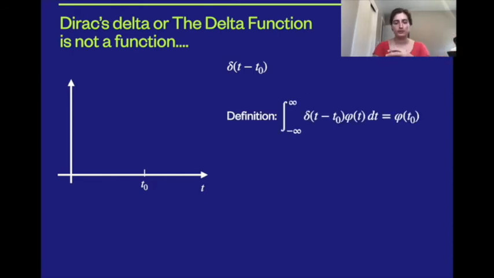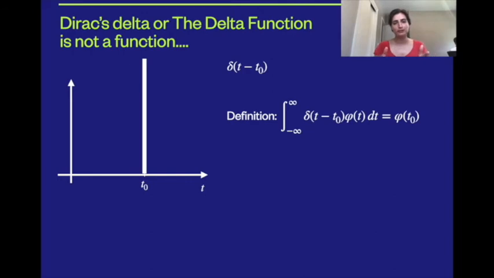The formal definition is that the integral from minus infinity to plus infinity of delta t minus t0 times any function, I write it as phi t because this is the usual notation, is actually the evaluation of that function at t0.